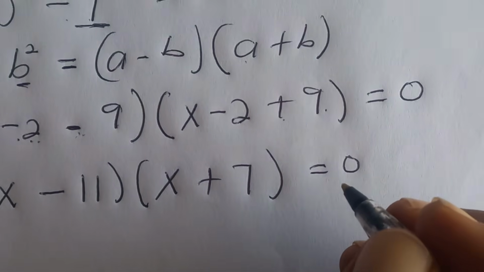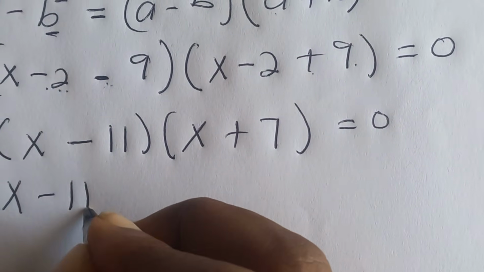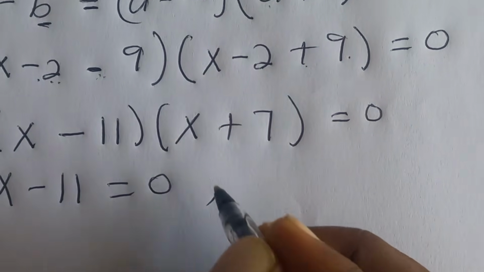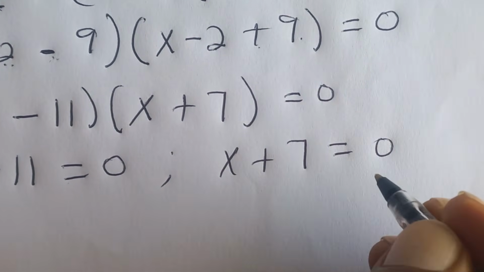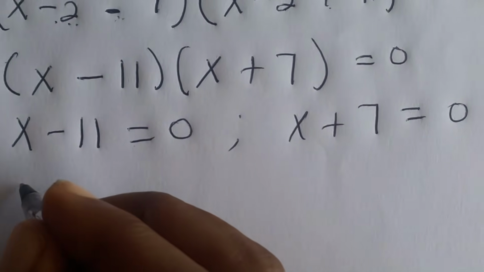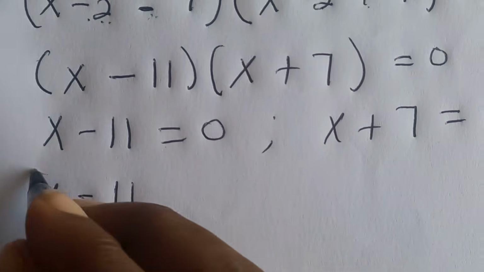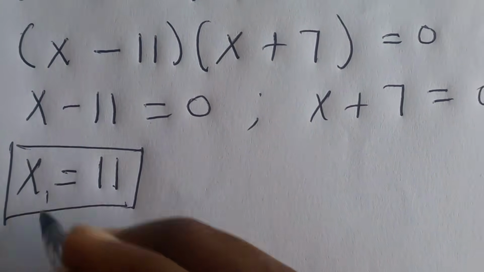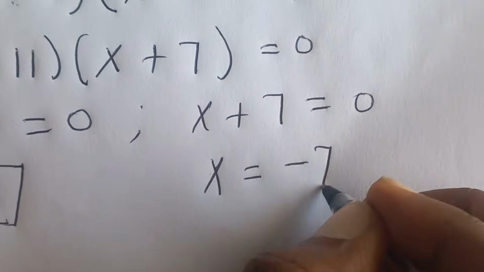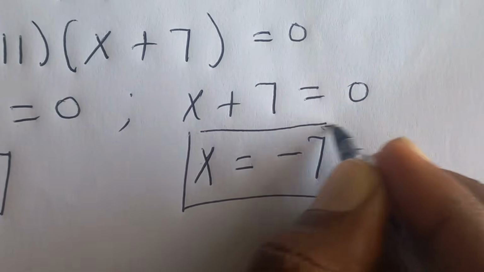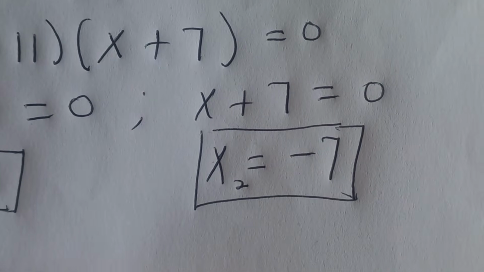Now, you can see that x minus 11 is equal to 0, and x plus 7 is equal to 0. So here, x is equal to 11, that's our x1. And in here, x is equal to negative 7, that's our second answer, x2. So this is our method 1.